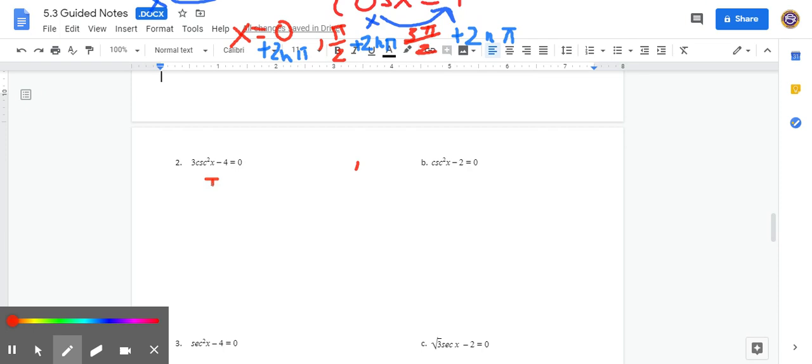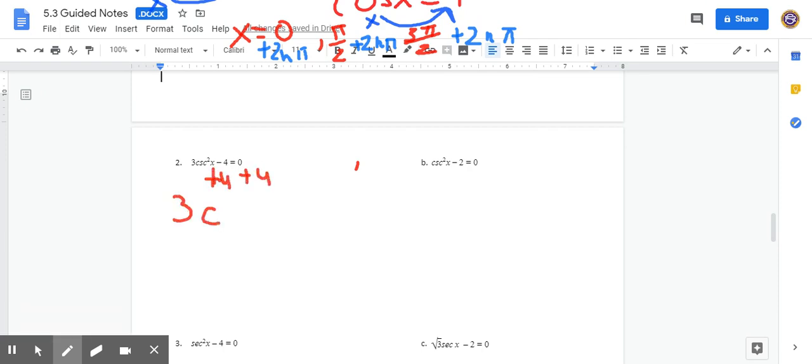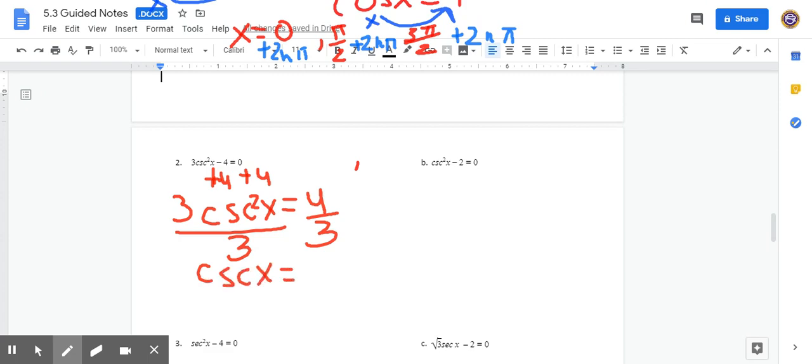So first, we're going to start by adding 4. We want to get cosecant squared x alone on one side. Divide by 3. So we're left with cosecant squared x is 4/3. So now what we can do is get rid of this square by square rooting both sides.